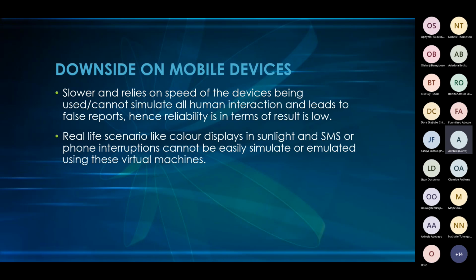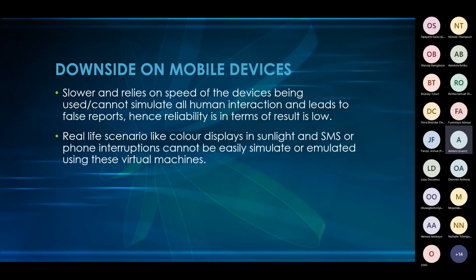You can't detect the color that will display when it's under sunlight. That is why on these mobile devices, you also use your own personal mobile devices to do some testing, which is okay, just to make sure that the functionalities are working perfectly.